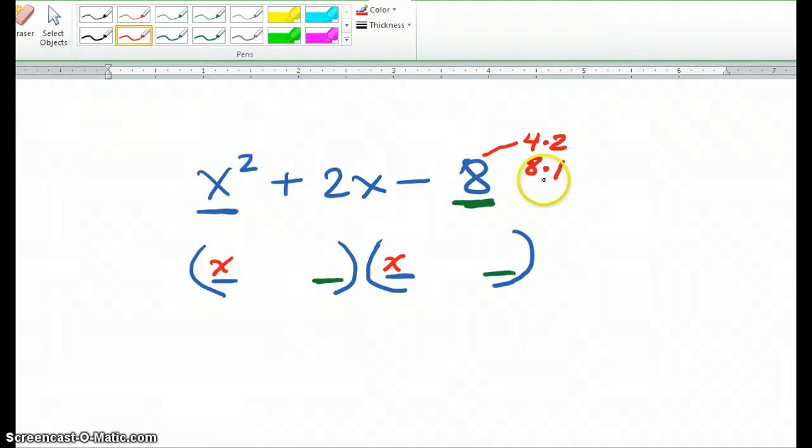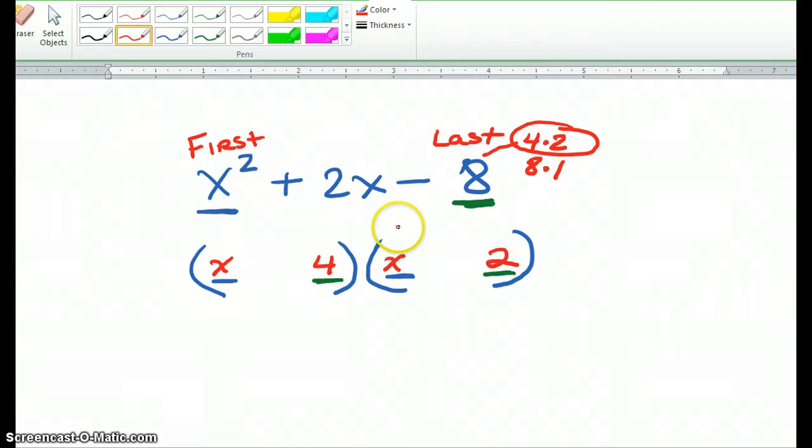My suggestion to you is to use the most common way of getting the number. So the most common way of getting the number is 4 and 2. So 4 times 2 gives you 8. x times x gives you x squared.